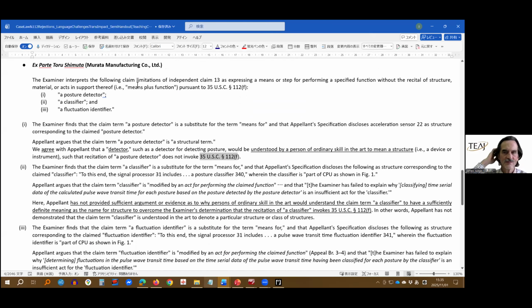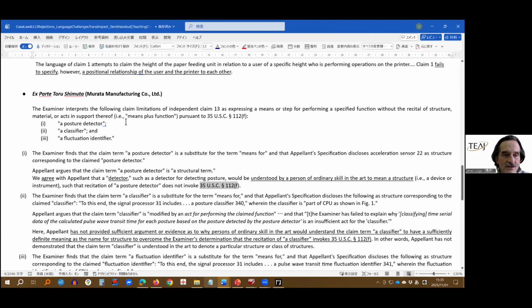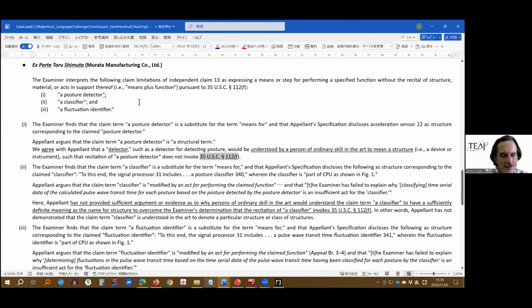So this is from the decision itself. The 3 key elements in question were a posture detector, a classifier, and a fluctuation identifier. So these are the results. Well, let's look at the homework before we look at the board's conclusion on this appeal.